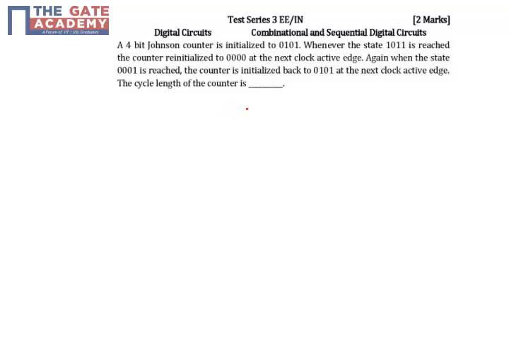So initially the value is 0101. I'll give names to these. Let us say this is Q0, Q1, Q2 and Q3.